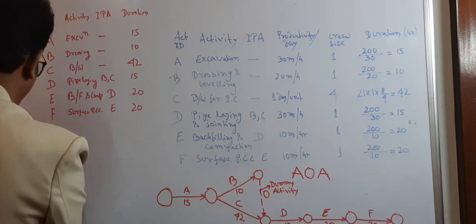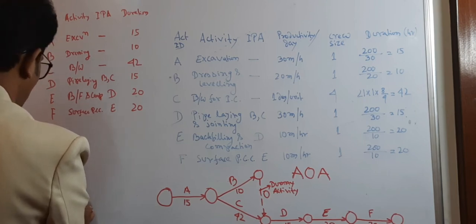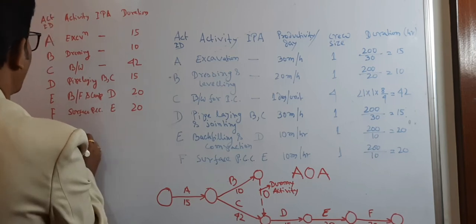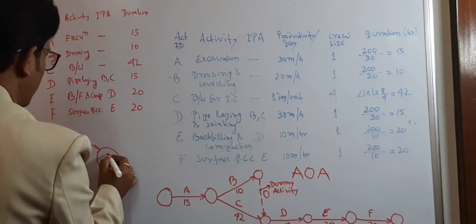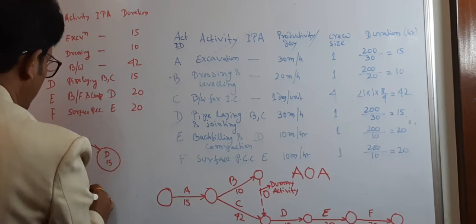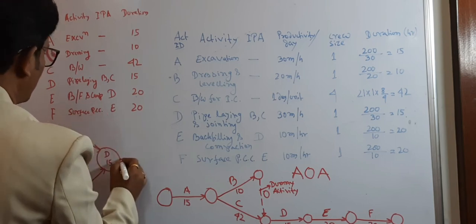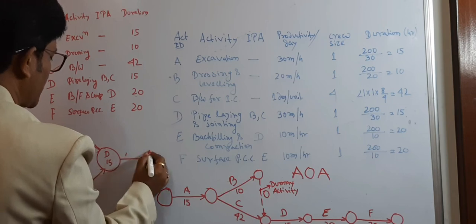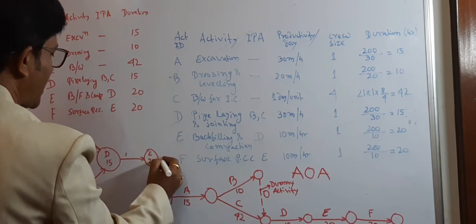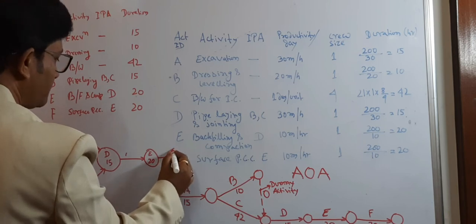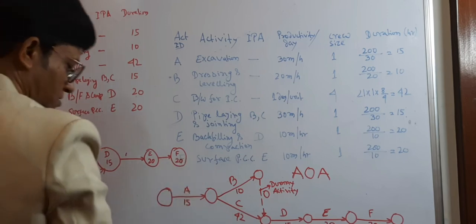Then we will move to C, whose duration is 42, and then to activity D of 15 hours, which is dependent on B and C. Then we will move to E, that is 20 hours, and finally to F, that is 20 hours.